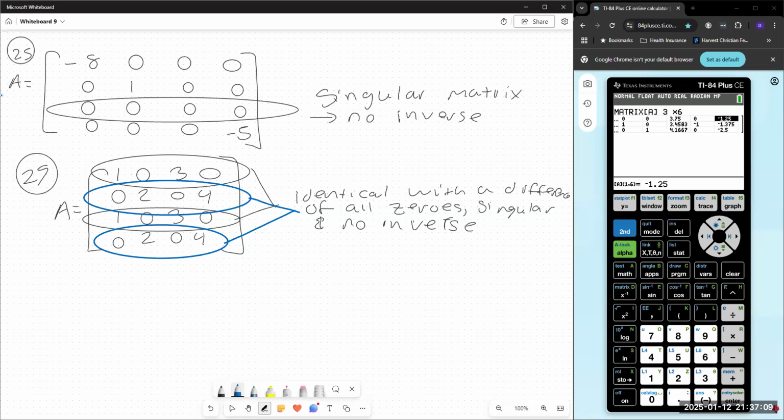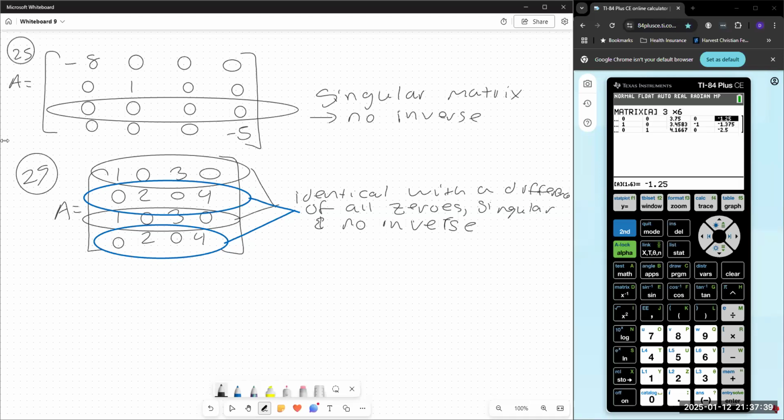So there's a whole bunch of ways I can look at this and say, oh, I'm going to get a column of zeros or a row of zeros if I do elementary row or column operations. And it's going to give me a 0 determinant. When I get a row of zeros or column of zeros, and a 0 determinant tells me that the matrix is singular and does not have an inverse.